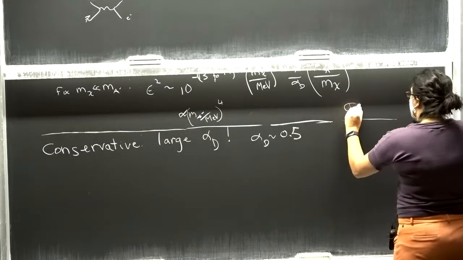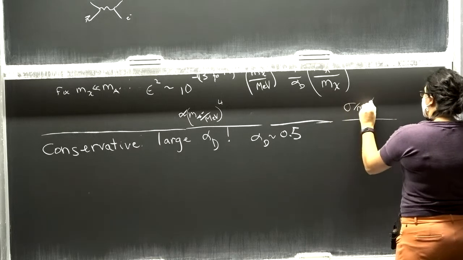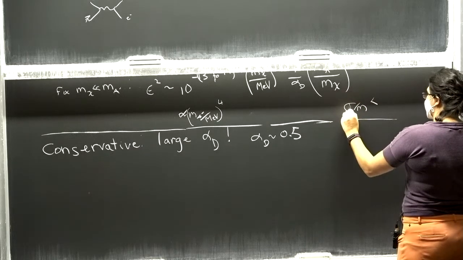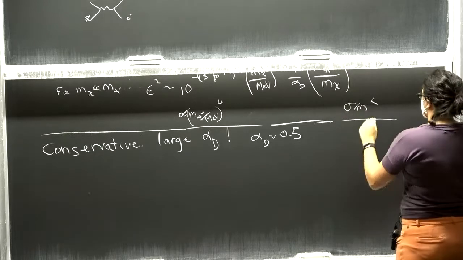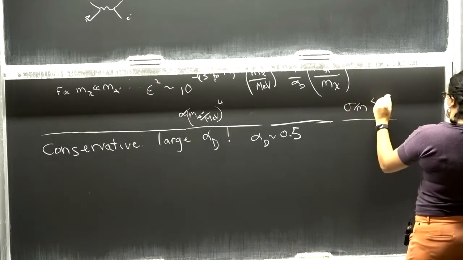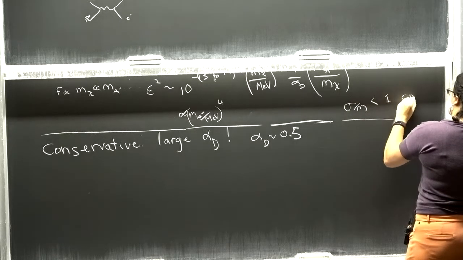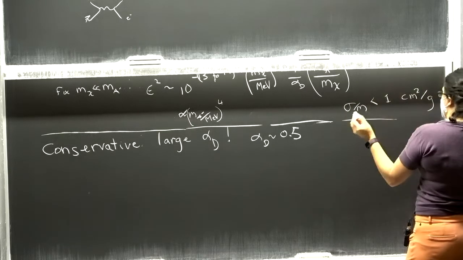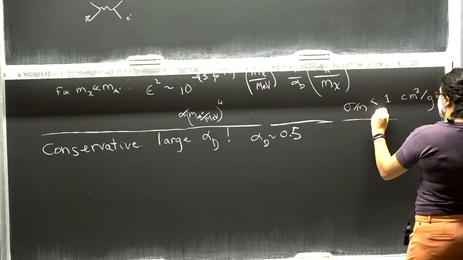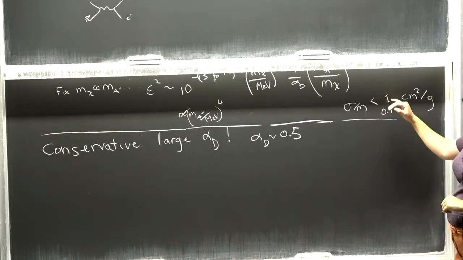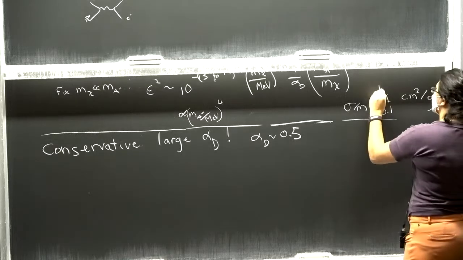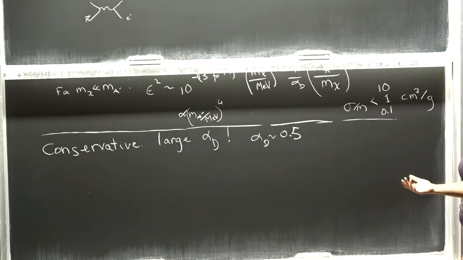People usually say that it requires the self-interaction cross-section over mass at certain velocity scales to be less than something like 1 centimeter squared per gram. But sometimes people will claim that that should be 0.1. And sometimes people will say it's not really even reliable enough that you can comfortably say 1, but it should definitely be less than 10.